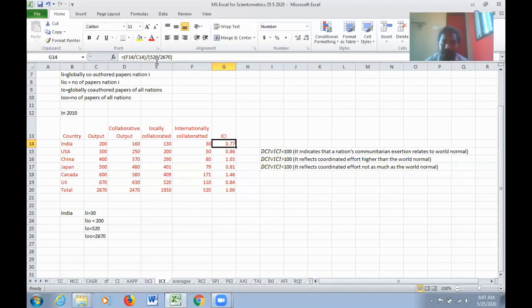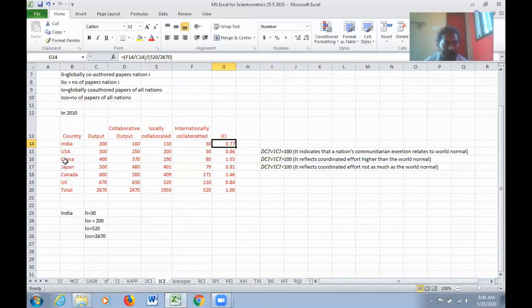But second portion, 520. What is 520? If you take the contribution of all the countries together, how many papers were collaborated internationally? 520 papers. So 520 divided by 2670. What is the 2670? Total output of all the countries taken together. So as the answer we get 0.77 is our internationally collaborative index.